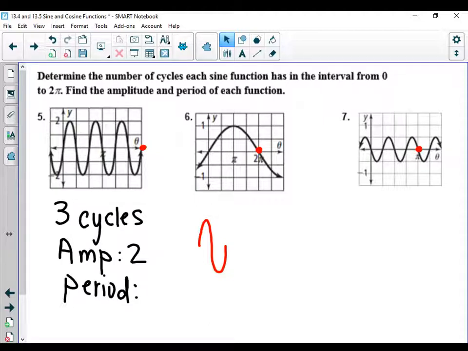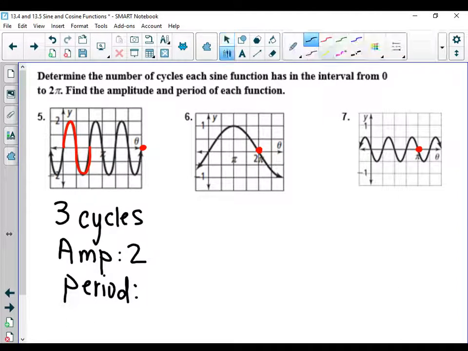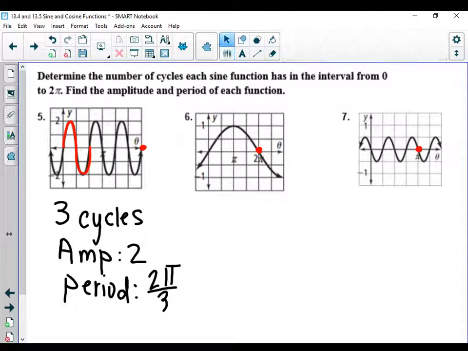That's why I tried to tell y'all that 2 pi was there. So they have it sectioned off into thirds. They have 1/3, 2/3, and then 3/3. So if this right here is a distance of 2/3, and the period of this function is 2 pi over 3, that distance of 2/3 pi is what I'm going to pick up and move over and over and over again.